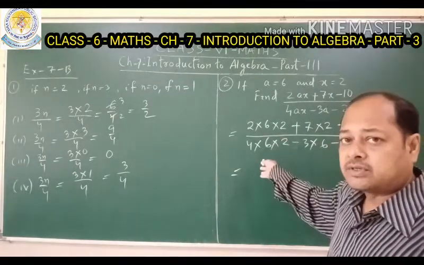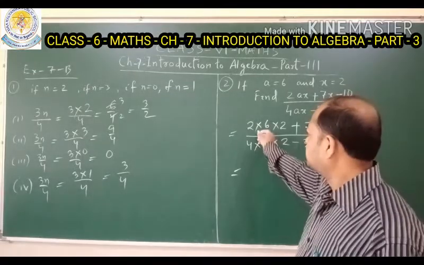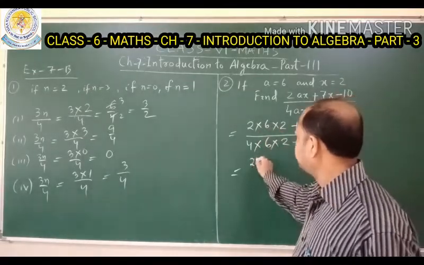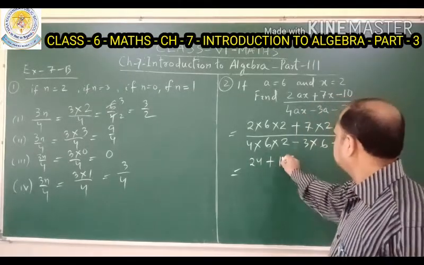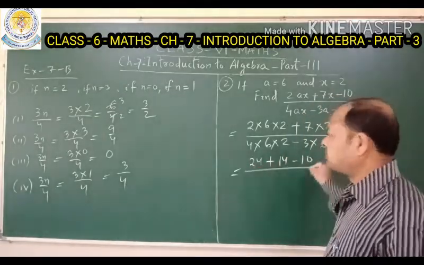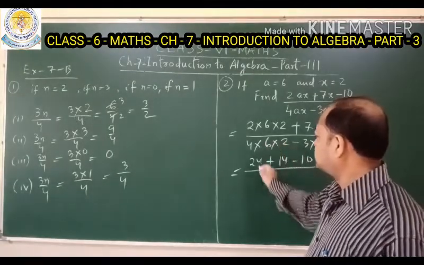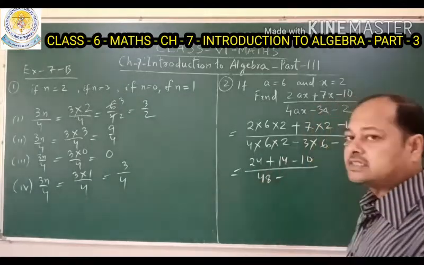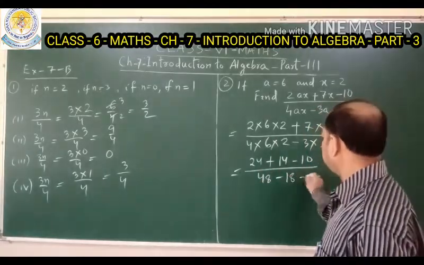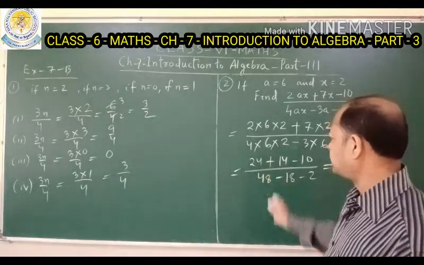So now simplify this algebraic expression. Already the values are put and the substitution method applied. So simplify it. 2 sixes are 12, 2 12s are 24, plus 7 twos are 14, minus 10, upon 4 sixes are 24, 2 24s are 48, 48 minus 3 sixes are 18, minus 2. So simplify it. 24 plus 14, how much?